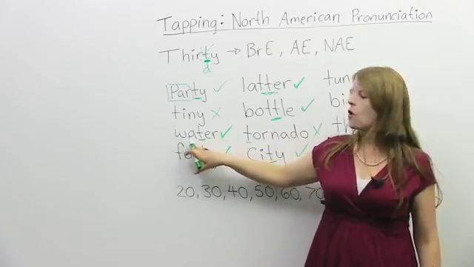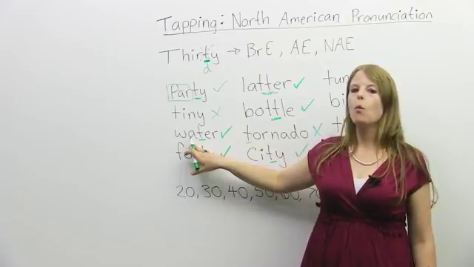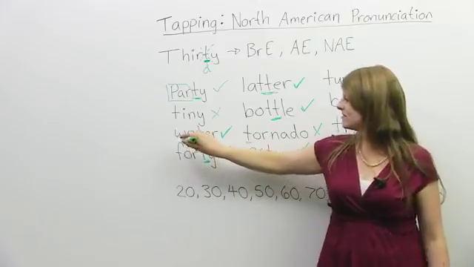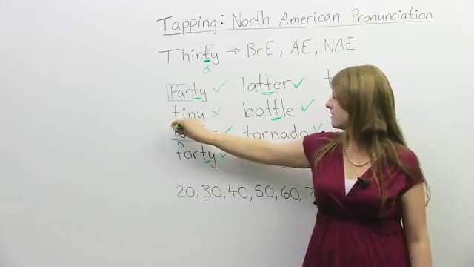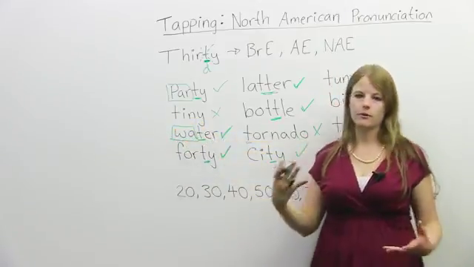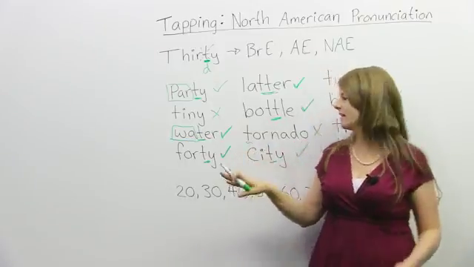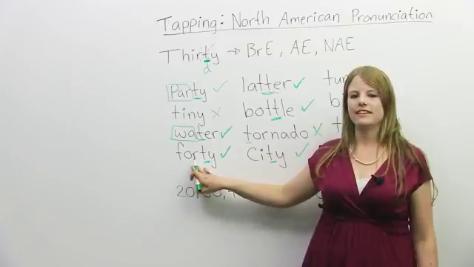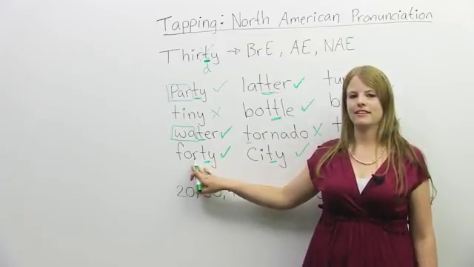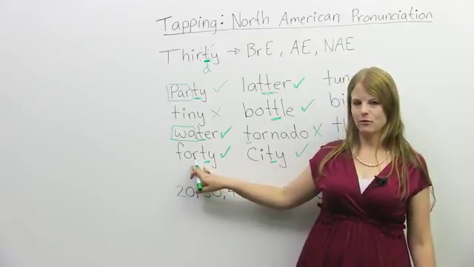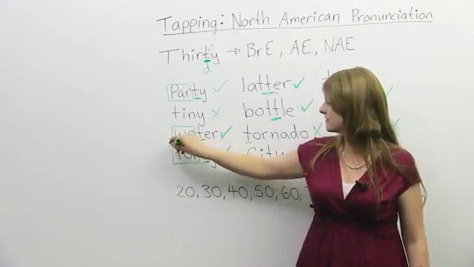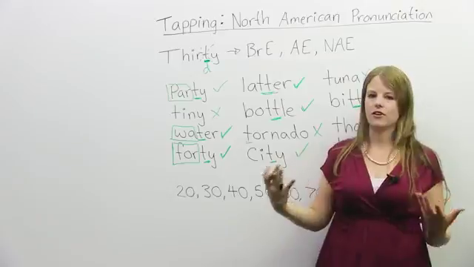Let's go to water next. Water. So where is the stress? Stress is here, the first part, water. We say this part quieter. Here, 40. Where's the stress? What part's louder and longer? If you said 4, you're correct. You say that part louder and longer.